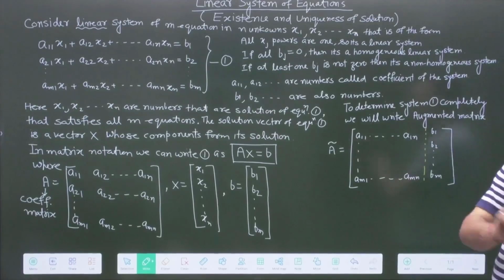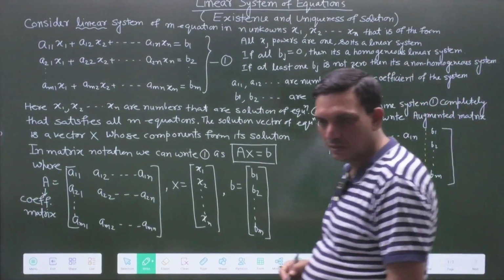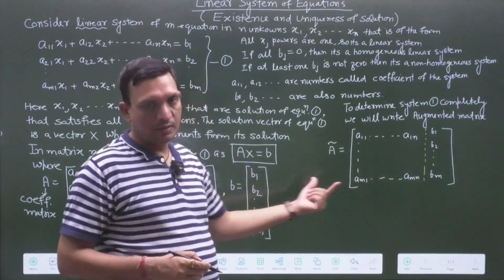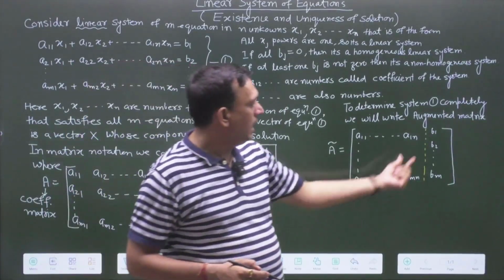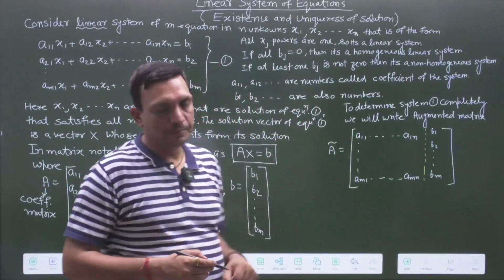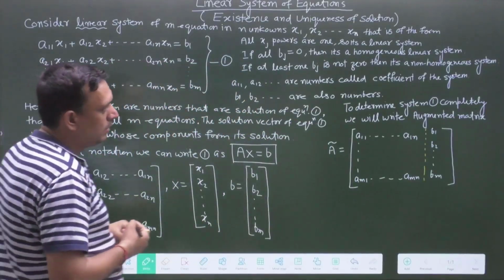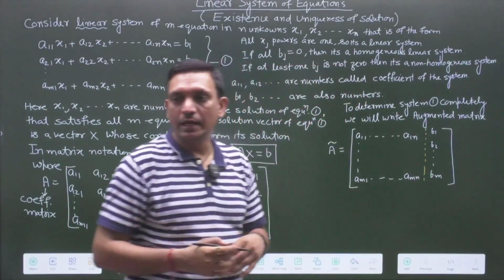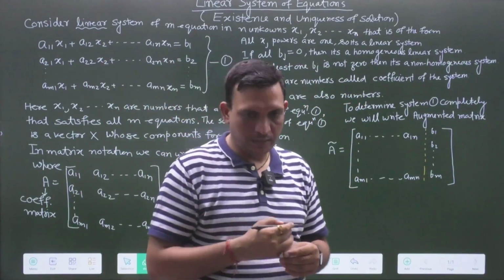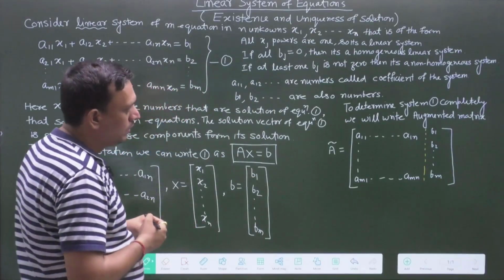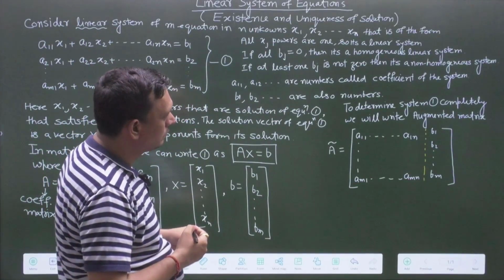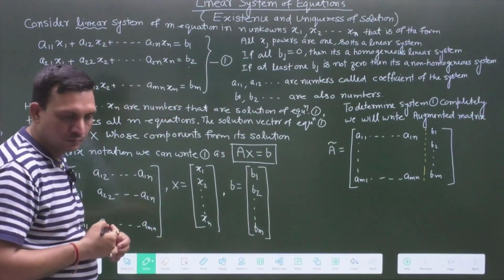So this is the augmented matrix. The augmented matrix contains all the coefficients of the system and the numbers b1 to bm. And you will see that by working on the augmented matrix, we can determine the system completely. Clear?